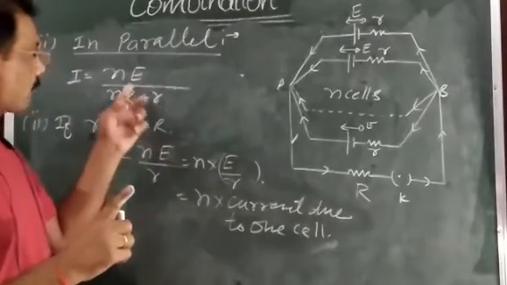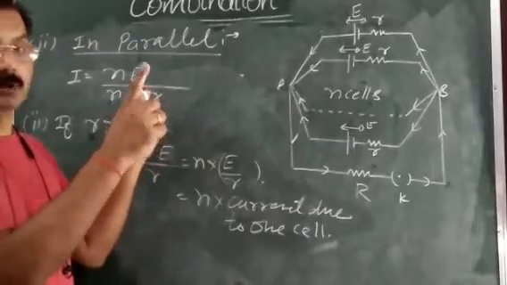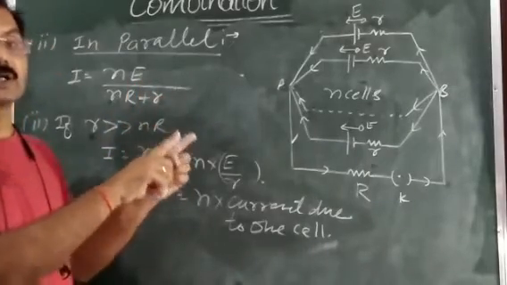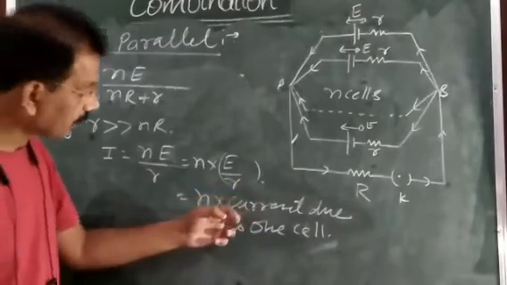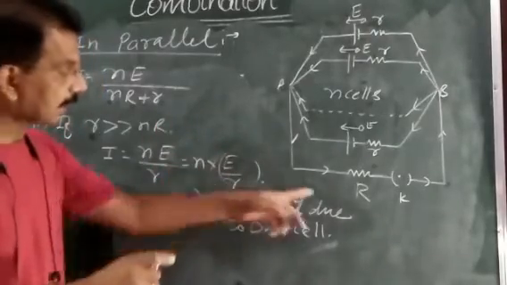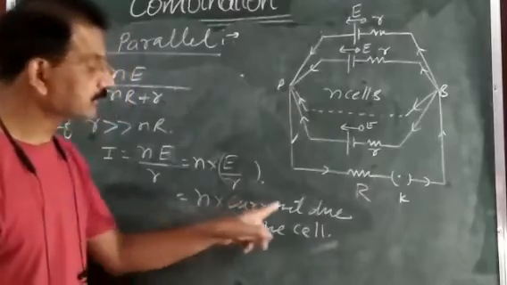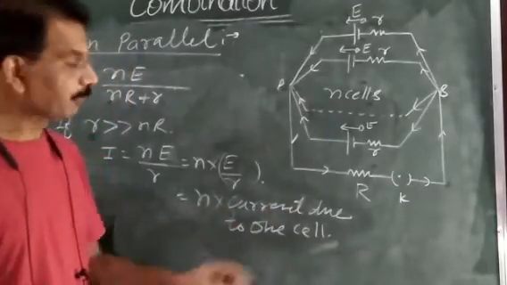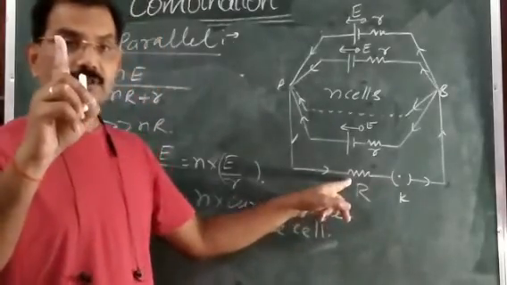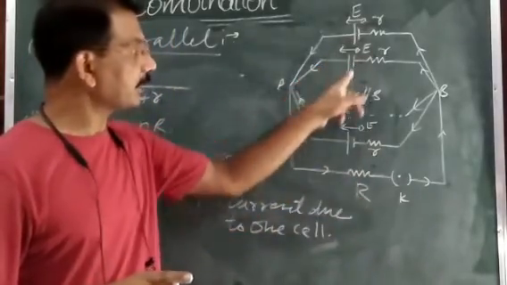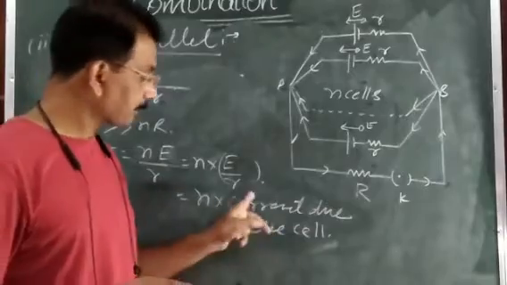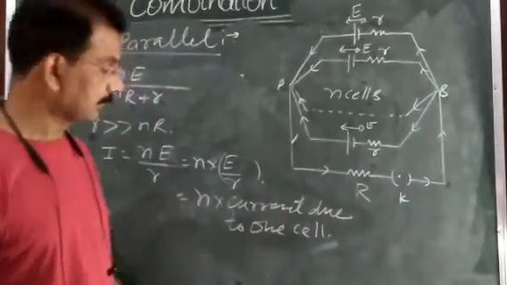I have already discussed under what condition you will prefer the series combination and under what condition you will prefer the parallel combination. So this one is a useful combination, because here you are getting current in the external resistance N times the current due to one cell. Suppose one cell gives a current of 1 ampere in this external resistance, and if 50 cells are connected here, then you will get 50 ampere this time.